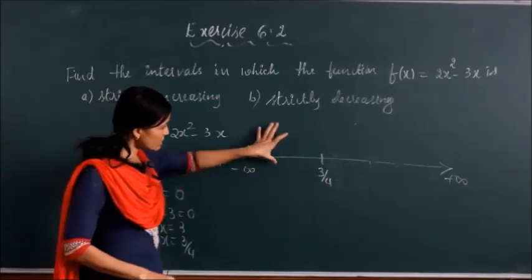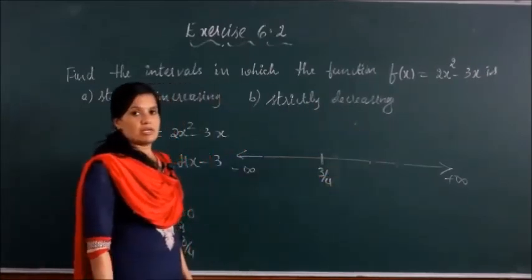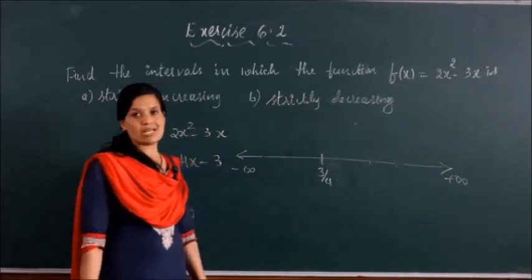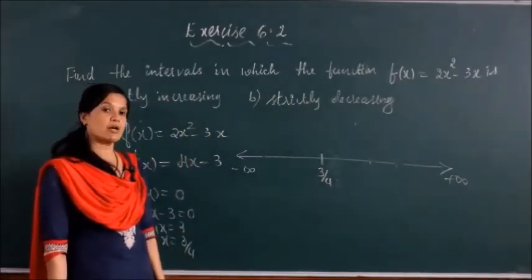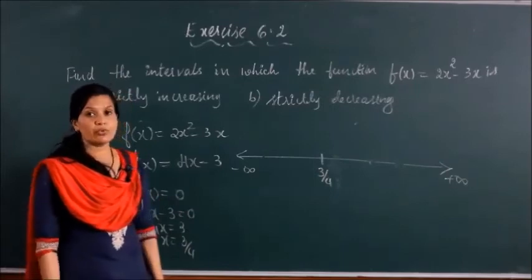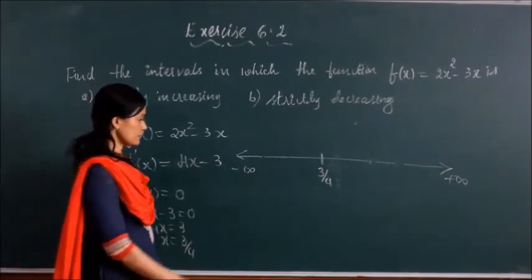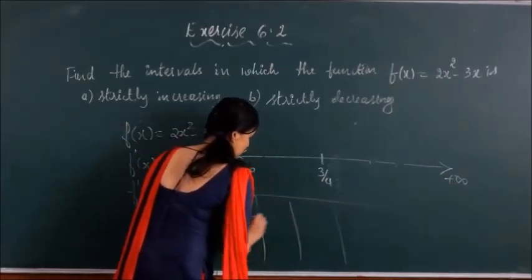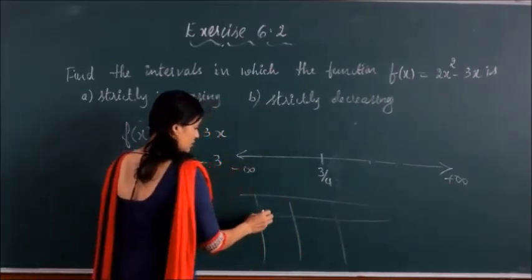Now in these two intervals, I have to find out in which interval the function is strictly increasing and in which it is strictly decreasing. How will you do it? If you want, you can make a table like this, otherwise it's okay.